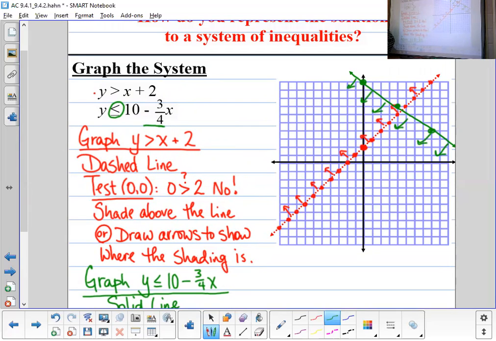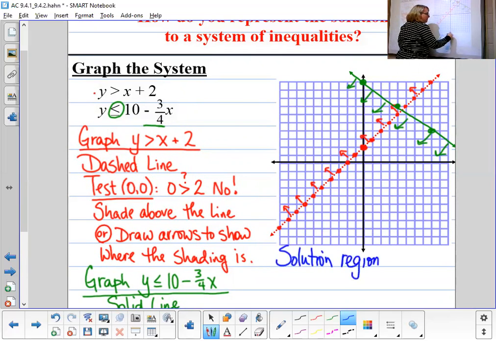Now, your final solution region is where the arrows point at each other, because that is where the shading would overlap. So your solution region is where the shaded areas overlap.